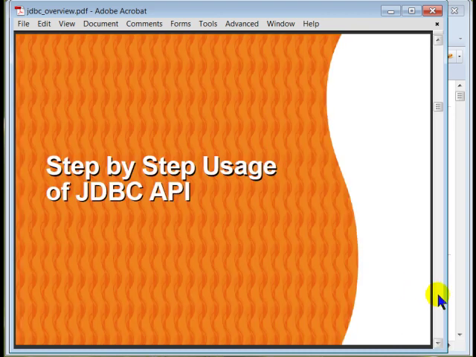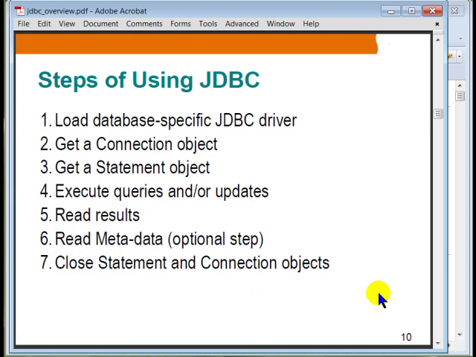Okay, so let's see how we can build a JDBC application using the JDBC API. These are the steps that you are going to follow. First of all, you are going to get the database-specific JDBC driver. If you are going to use MySQL, you have to get the MySQL JDBC client driver. If you're using the Java DB database, then you are going to use the Java DB version of the JDBC driver.